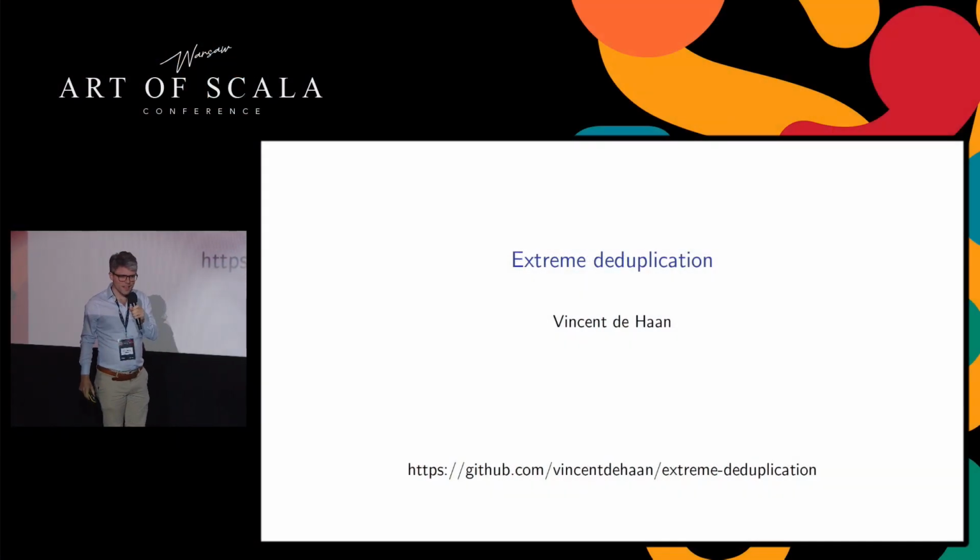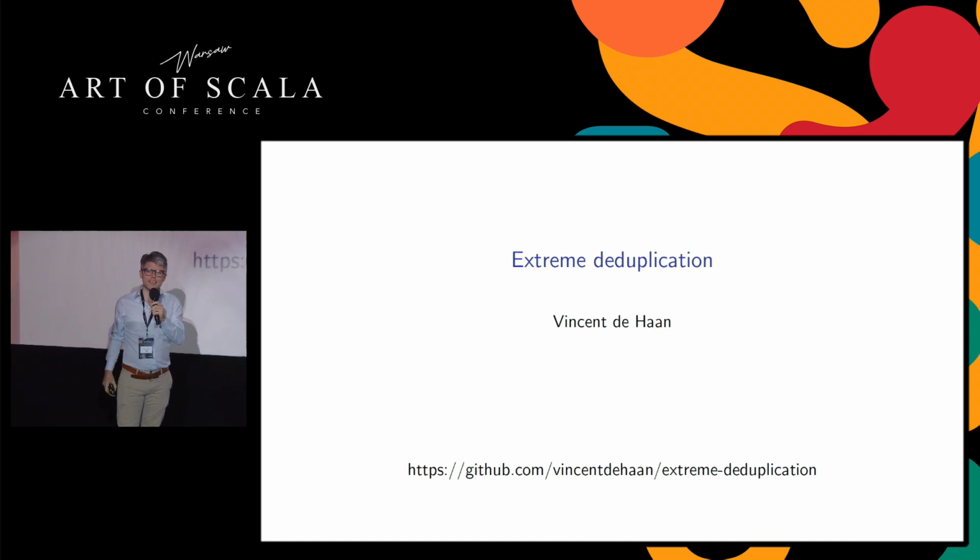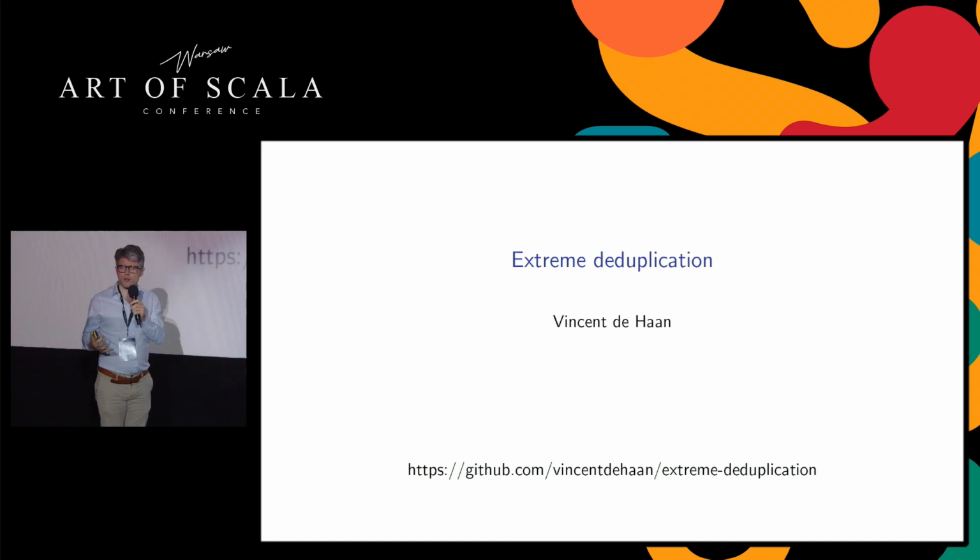Good afternoon. I'm going to talk to you about extreme deduplication in the Scala ecosystem. I think deduplication is something we all try to do in our code. We try not to duplicate code, not to repeat ourselves. And in most cases, this goes pretty well because within an application, I see a lot of people not duplicating code.